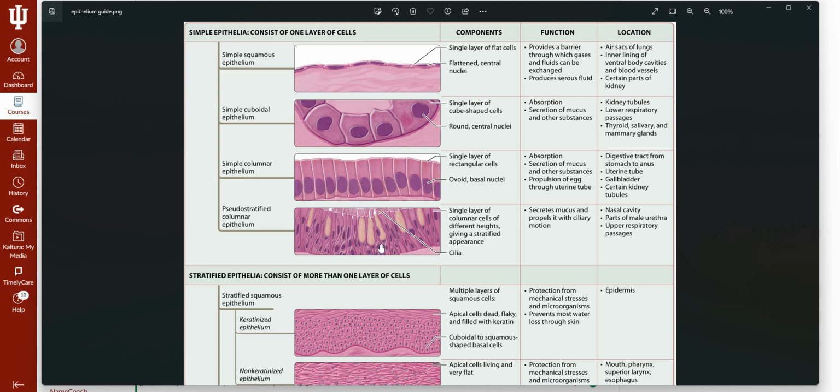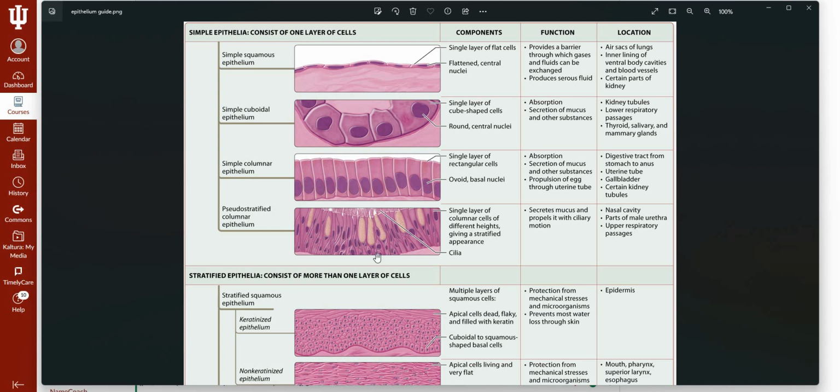Pseudostratified columnar epithelium doesn't really look like these other tissues. It looks like a stack upon stack upon stack of cells. So this is where it can get tricky for students. If we followed one cell of this pseudostratified epithelium, we would find that each cell is actually anchored to that basement membrane. So their appearance is deceptive.